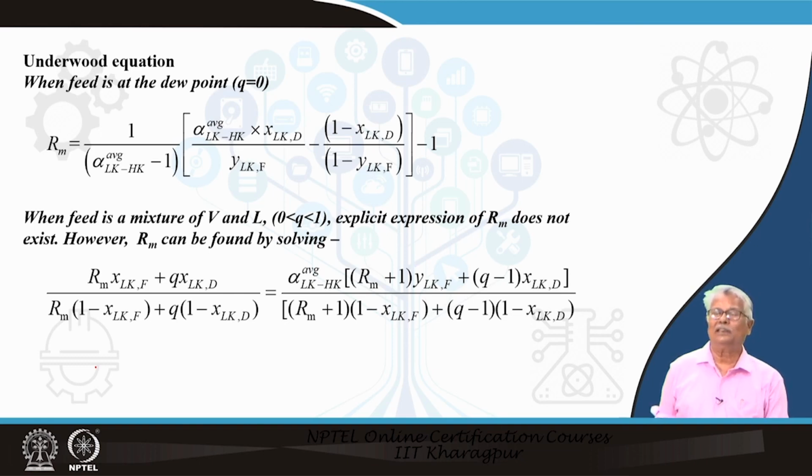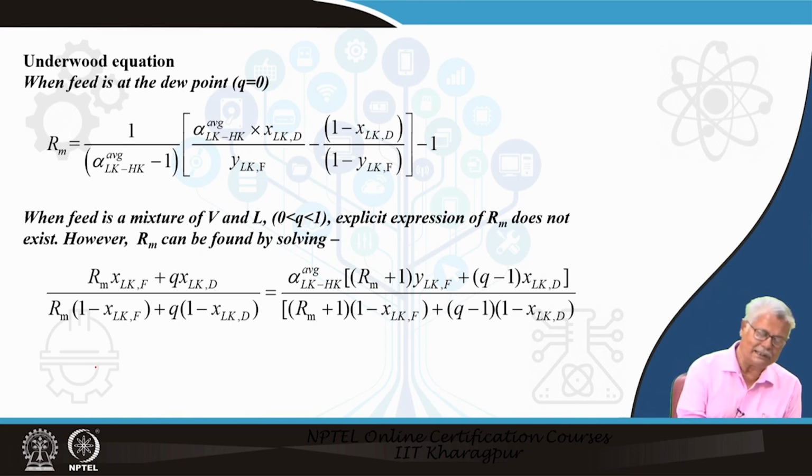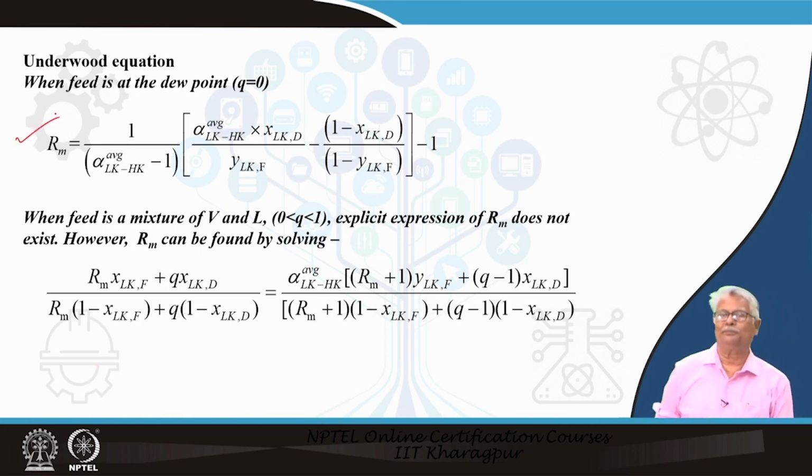So, in this specific case Q is equal to 0, and quite naturally you need not have a value of Q here. In the previous case the Q value was 1, which was put here, and you had an explicit expression for Rm where the feed was at its bubble point, and in this case what you have is the explicit expression of Rm with the feed at its dew point, which is vapor feed.